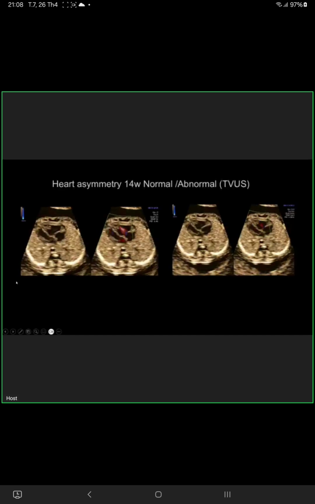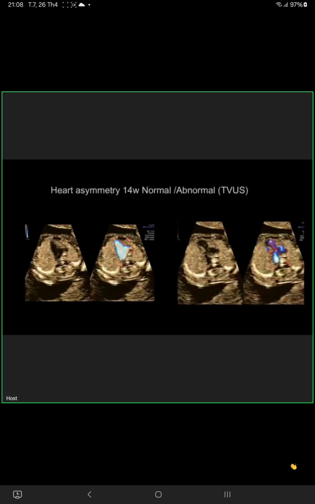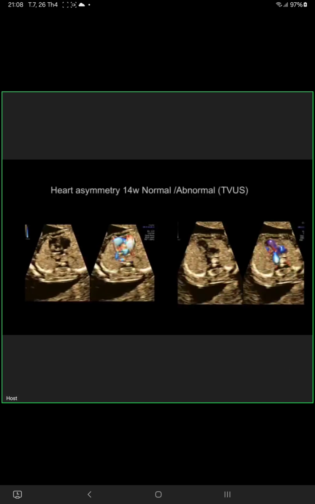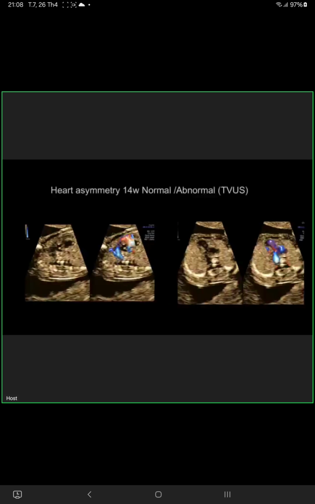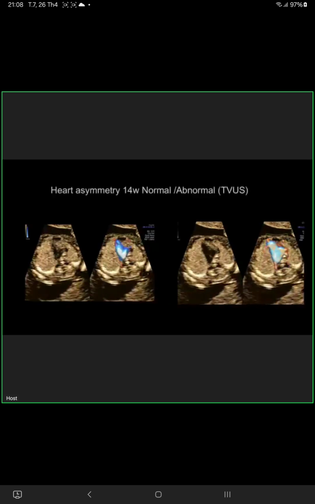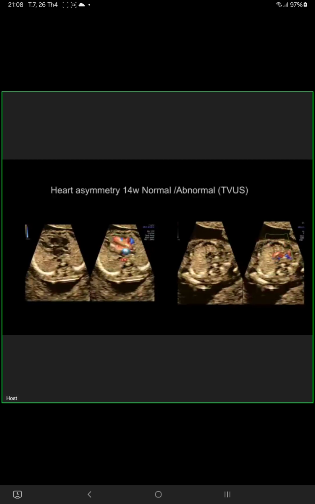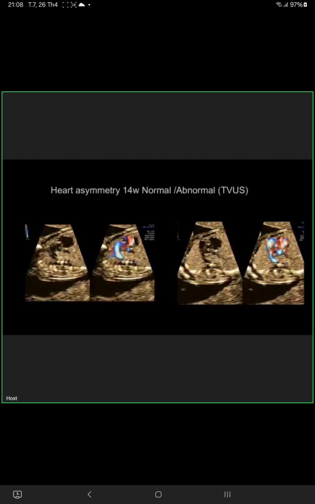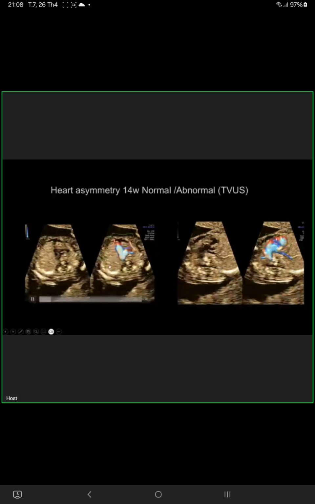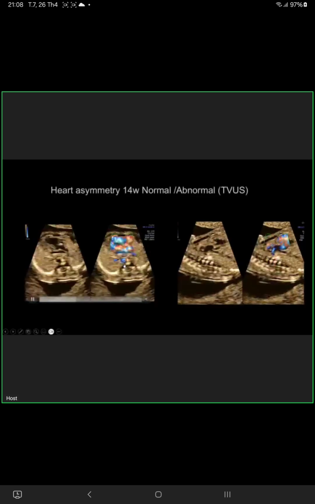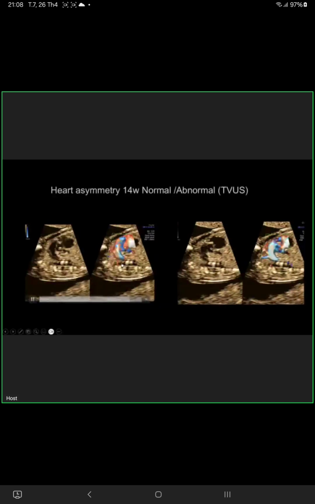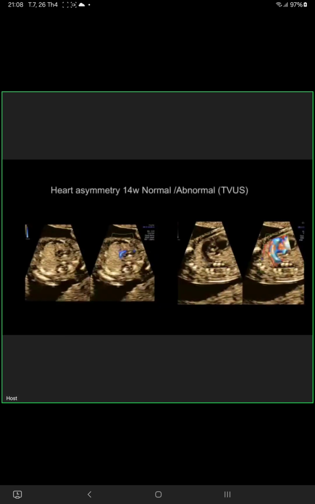It's clear, okay? 14 weeks, asymmetric four-chamber view. I was under very high stress in this case because all other great vessels' flow was absolutely normal. But something was wrong here. Do you see? Here, a small vessel. It's not a usual vessel in every single exam. Do you agree with me?